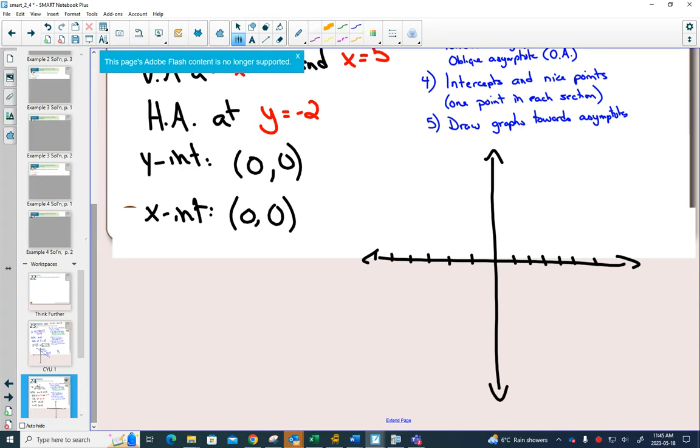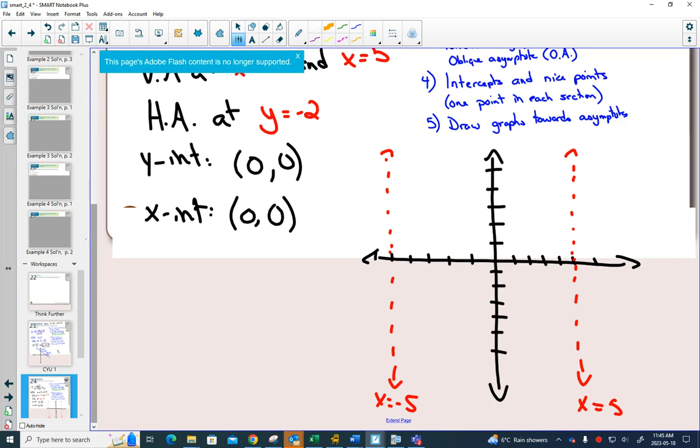We have a vertical asymptote at 5, vertical asymptote at -5, and we have a horizontal asymptote at y equals -2.